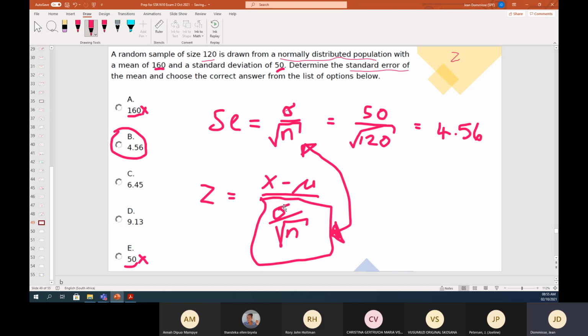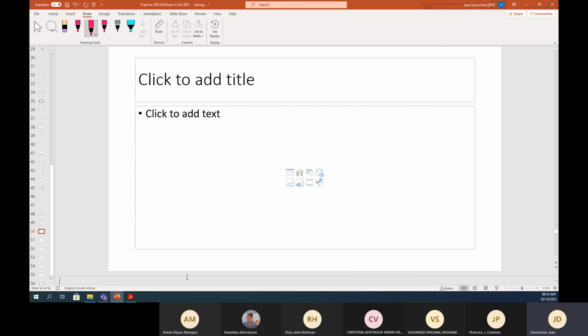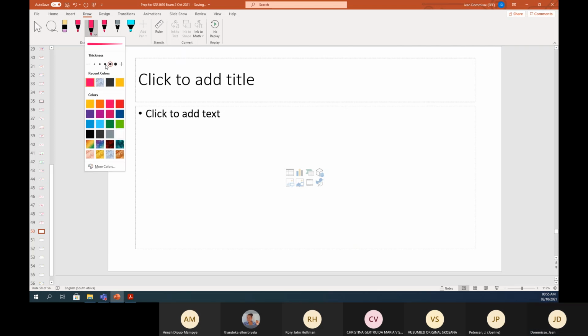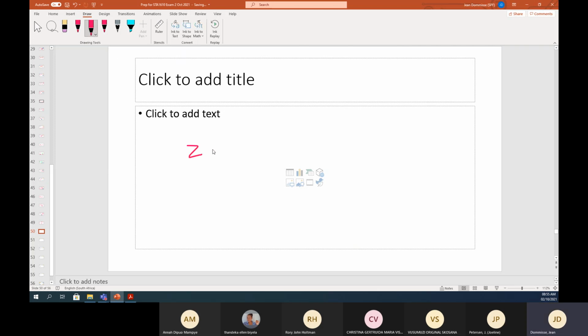But also when we look at the standard error of the proportion, I also just want to write that down, for when you need to use it, or when we look at it.